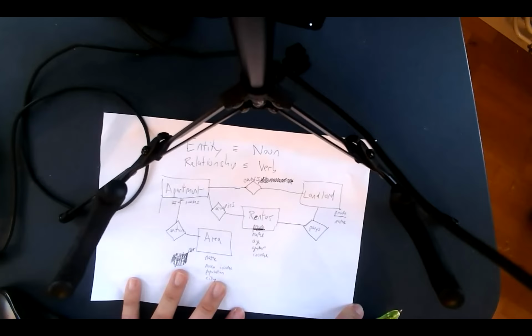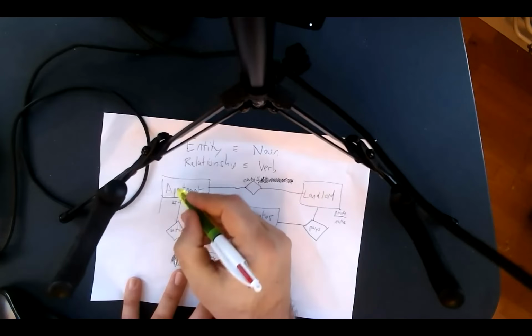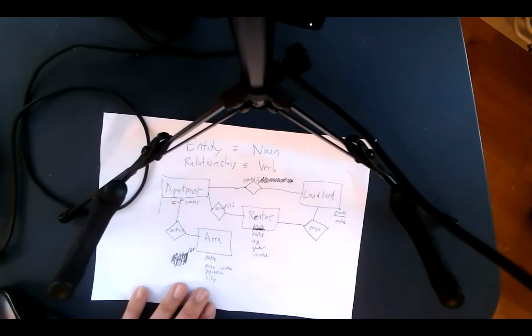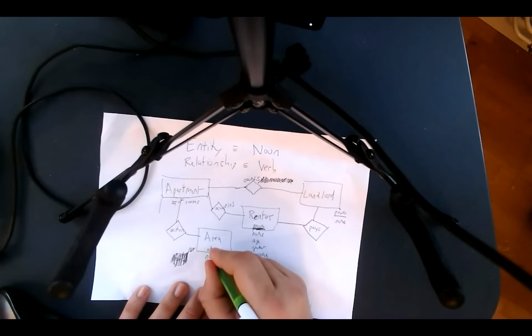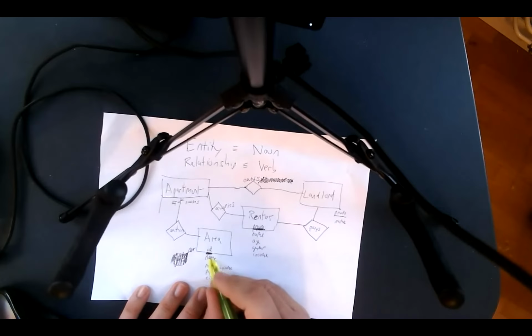Right. Okay. An apartment has number of rooms, and let's do the following to make our life easier. We could say the name of the area is the primary key, but let's just give it an ID and make that the key. Because as far as I know, these names across all of Sweden can clash.